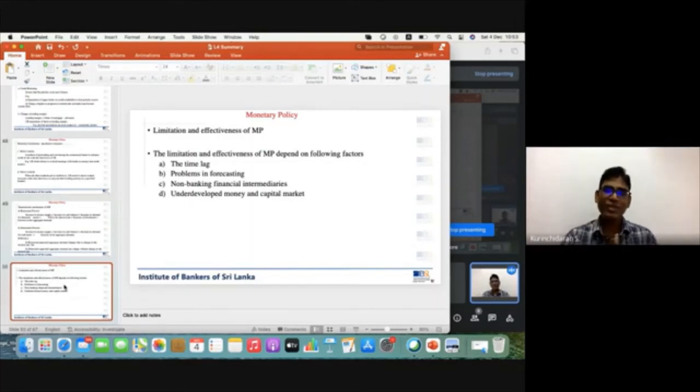You have to forecast everything. That's why the central bank has an economic research department. Their work is to study the economic system continuously and then forecast, right? Proactively take the measures by forecasting future trends. But forecasting is always with error, right?